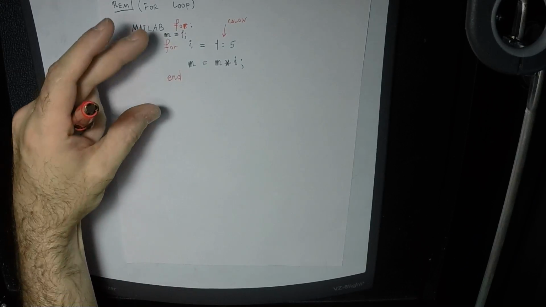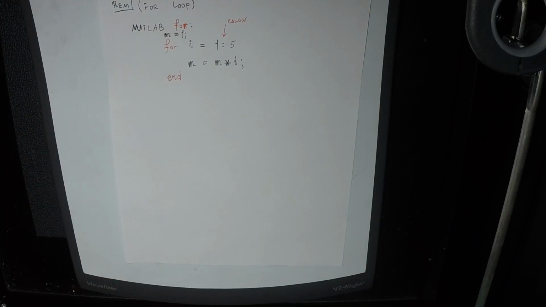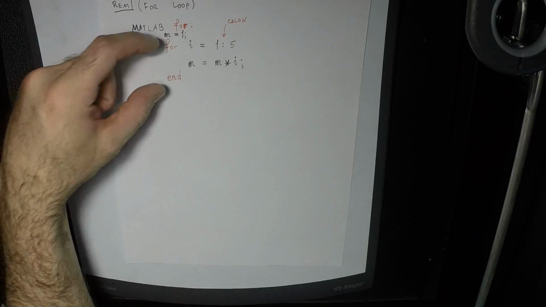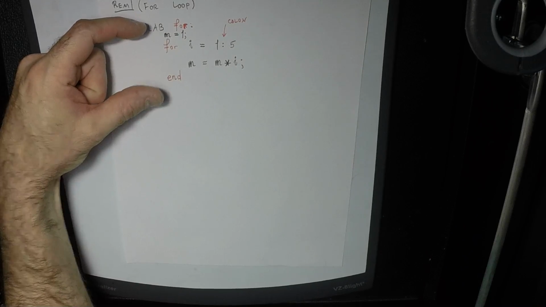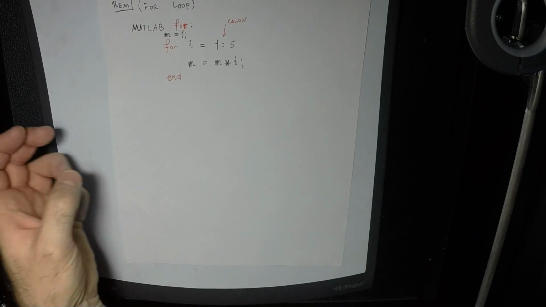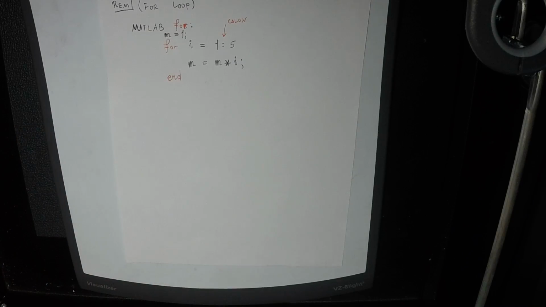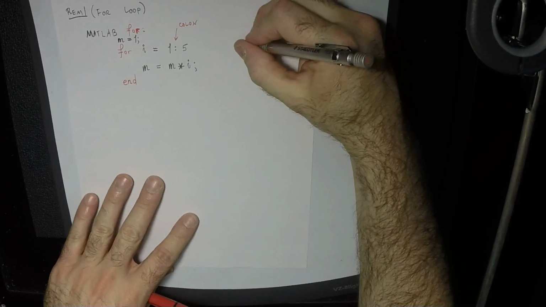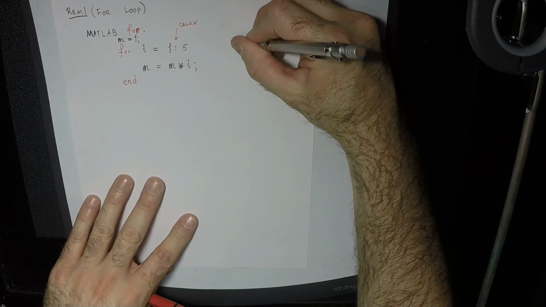So now MATLAB will not complain about not knowing what i is. So, okay, in this little short piece of code, there's two variables, m and i. So now we're going to describe what MATLAB will do in response to this.